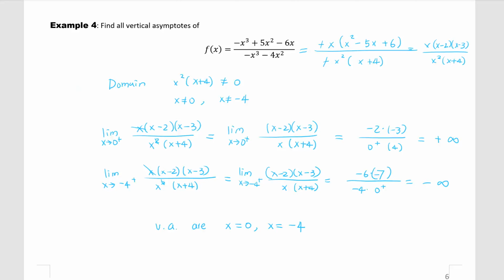Okay, if you have infinity or minus infinity, then you get a vertical asymptote. If you get a number, then you have to go back and erase the positive to make sure you check the two-sided limits. So if the two-sided limits equal a number, then we don't have a vertical asymptote at that point. Okay, so those are the complete steps for this kind of problem.